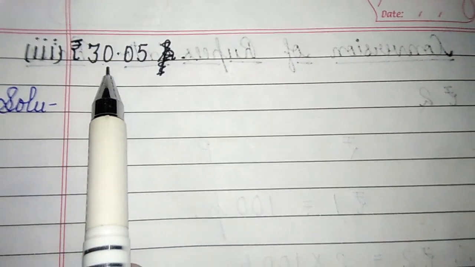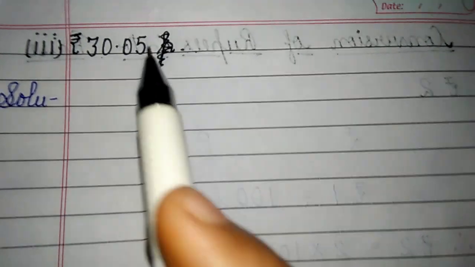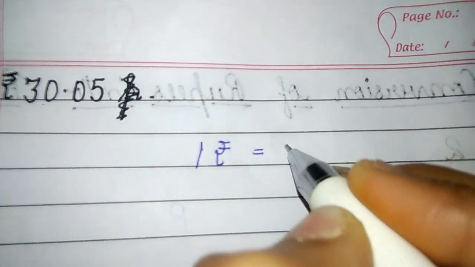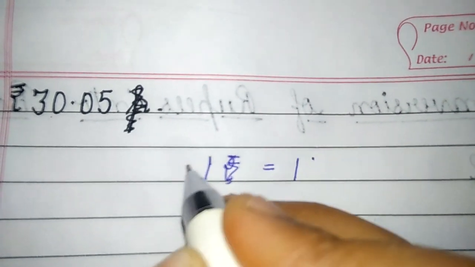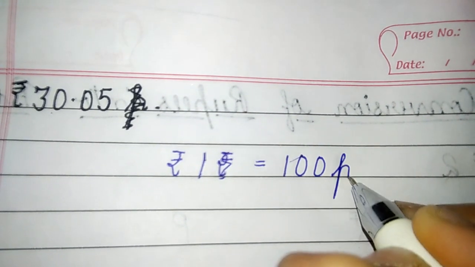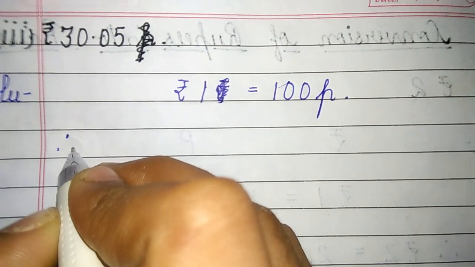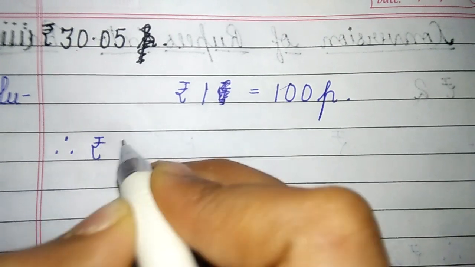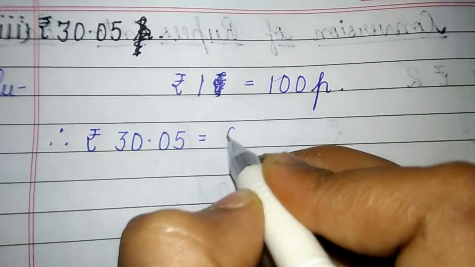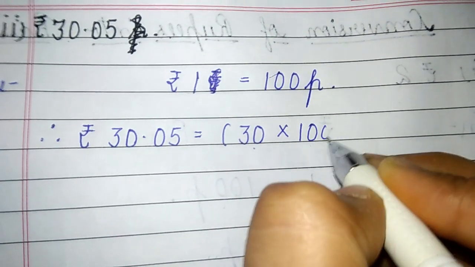Next, rupees 30.05. It has to be done the same way. First write the rule. 1 rupee is equal to 100 paise. So 30 rupees .05 is equal to, in bracket, 30 multiplied by 100.